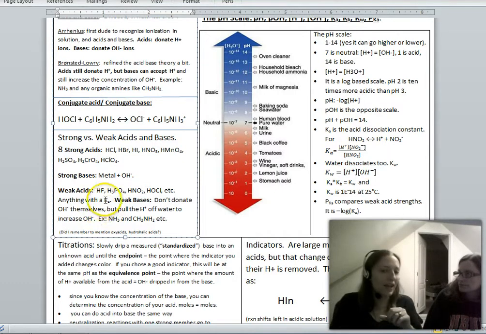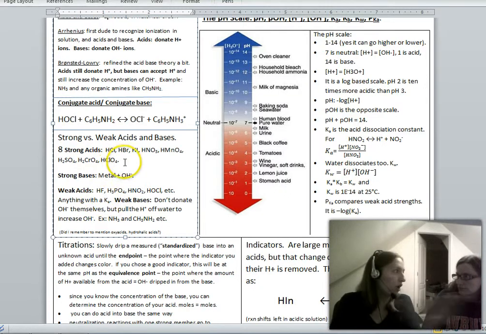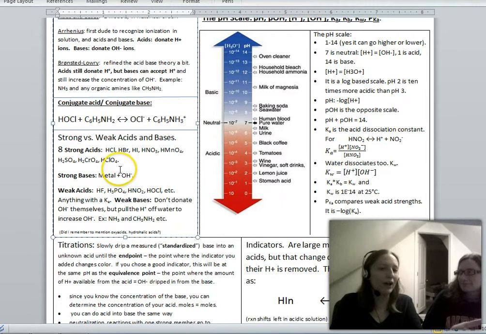If it's got a Ka, that's a number that indicates kind of the amount that separates in the water. And the size of that number will let you know how much of it separates in the water. But they have that list for weak acids because for strong acids, all of it separates. And so you don't need the list. You don't need it to go 100% because you already know that because it's a strong acid.